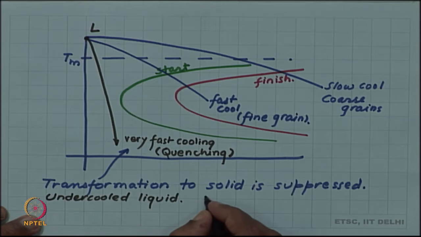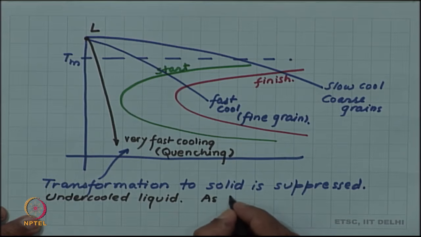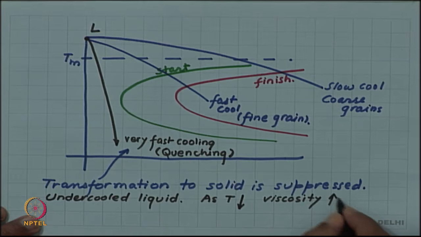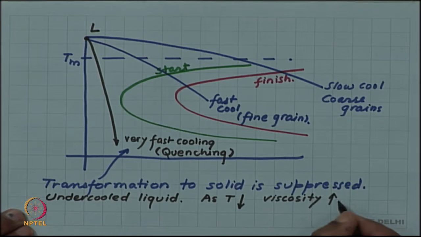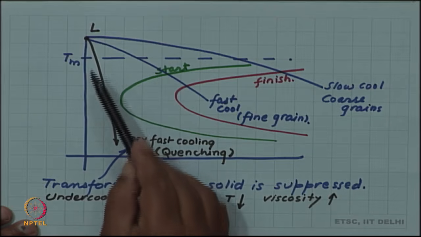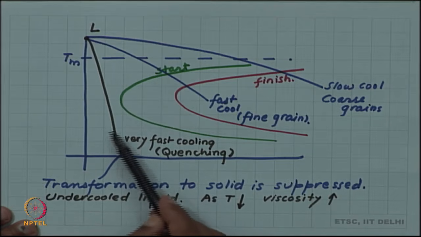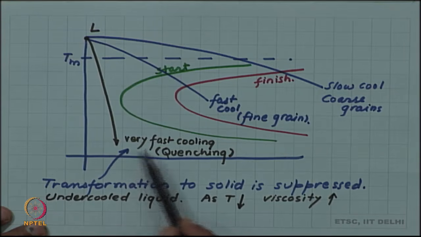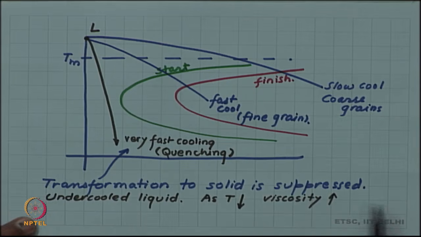However, as temperature falls, viscosity increases. This will mean that this liquid will become more and more viscous as the temperature is falling. So, below a certain temperature, the liquid will be so viscous that it will appear like a solid.